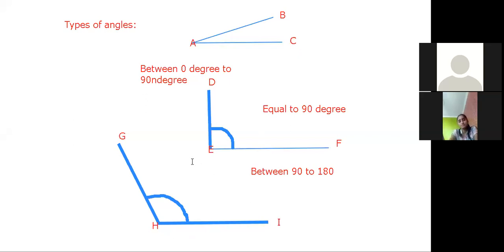Don't write small letters in point names or line names. Look at this angle, BAC. Always put the crossing point in between. Don't read ABC.